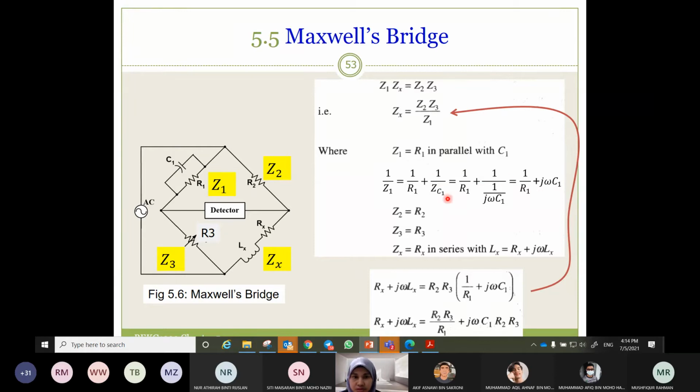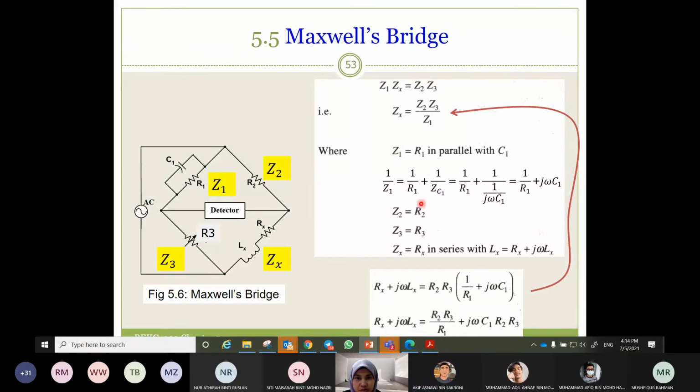We know that ZC is equal to 1 over J omega C, so it is 1 over R1 plus J omega C1. Any question? No. Okay.